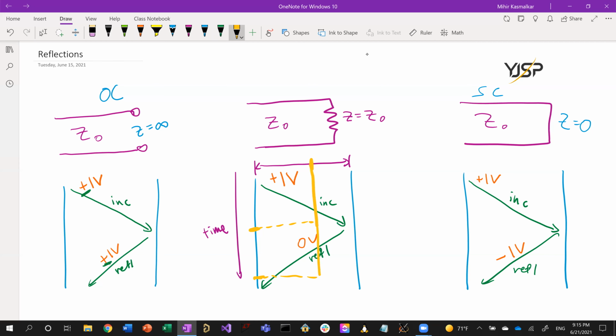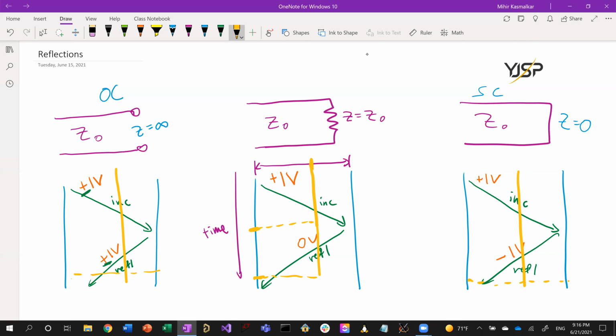But if we had done this on the open circuit or short circuit case, at this time we would see 2 volts in the open circuit case, because you're adding the 1 volt and the 1 volt. In the closed circuit case, at that time you would see 0 volts, because you're adding the 1 volt and the negative 1 volt. So that's just how you read a bounce diagram.